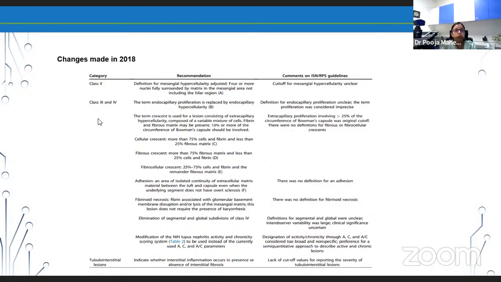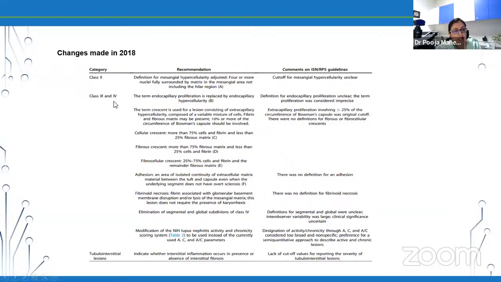So class 3 and 4, the term endocapillary proliferation was replaced by endocapillary hypercellularity. Previously, the term was endocapillary proliferation. Now we call it endocapillary hypercellularity. The crescents were defined, the criteria or threshold to call it cellular, fibrous, fibrocellular were defined, adhesion was defined, and there was elimination of segmental and global subdivision of class 4.